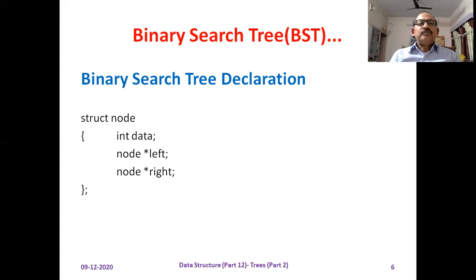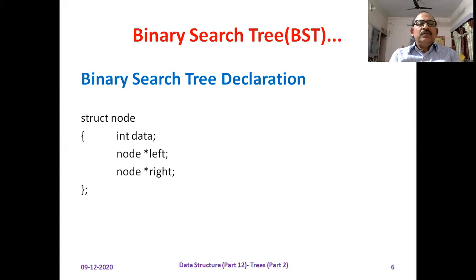Next point. How will we define or declare a node of a binary search tree? The node in a binary search tree contains three pieces of information. First is the data, next is a pointer to the left child, and next is a pointer to the right child. And how will we declare this in C language? With the help of the structure facility.